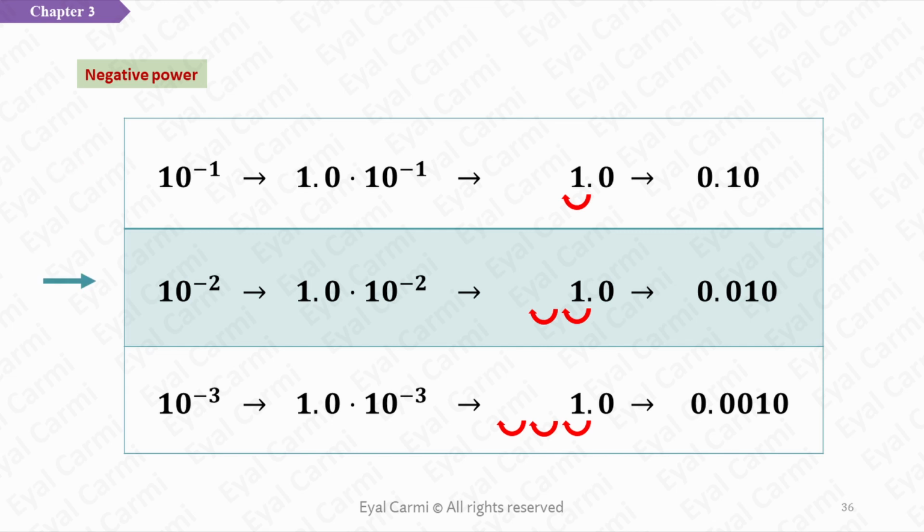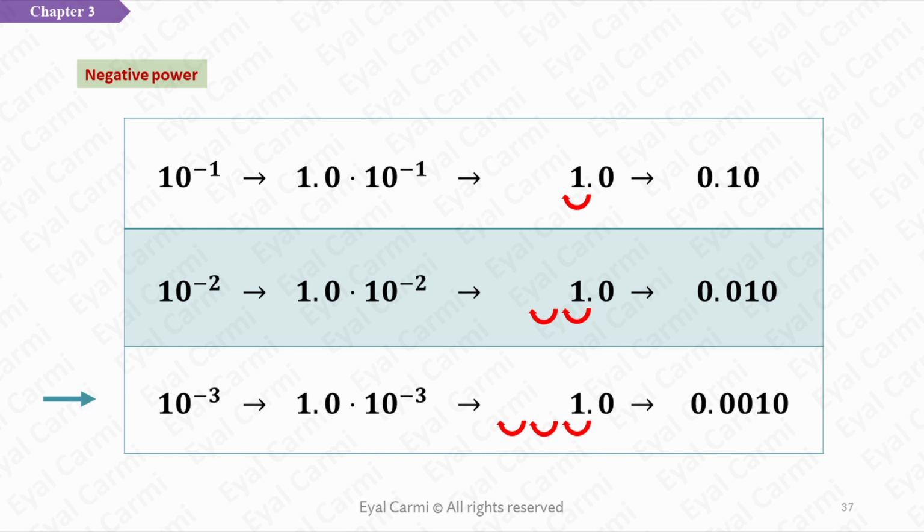Second row. 10 to the power of minus 2 can be written as 1.0 times 10 to the power of minus 2, which is equivalent to writing 1.0 and moving the decimal point 2 steps to the left, and that results in 0.01.